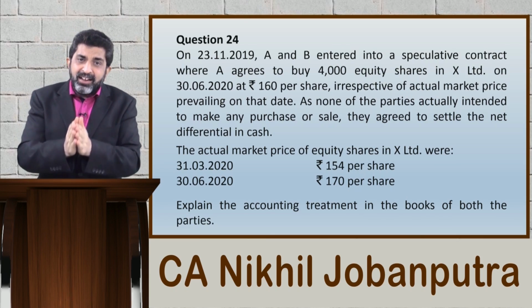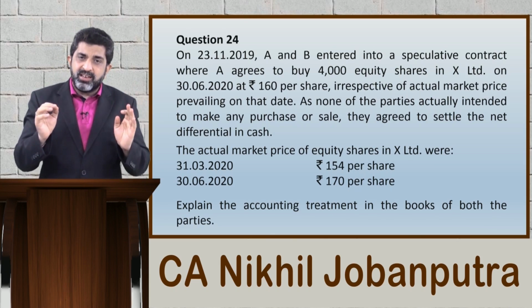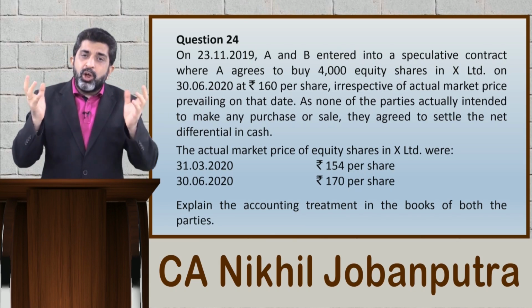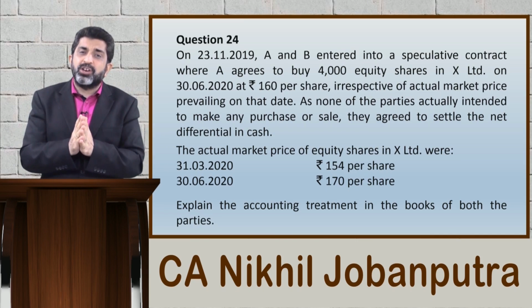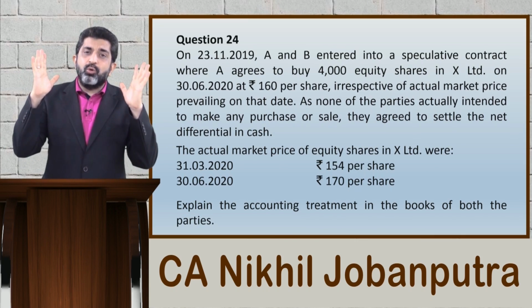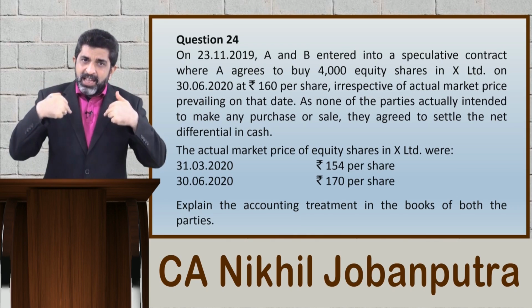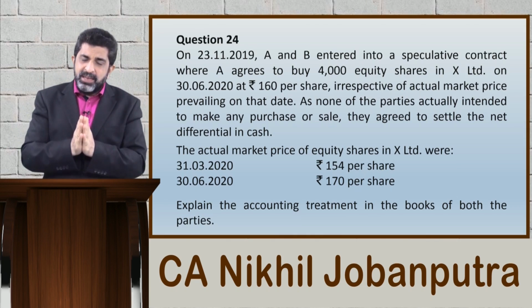In this case, at the date of contract, that is on 23rd November 2019, there is no favorable or unfavorable condition arising for either party. None of the parties will pass any accounting entry. So, no accounting entry shall be passed by A, no accounting entry shall be passed by B.